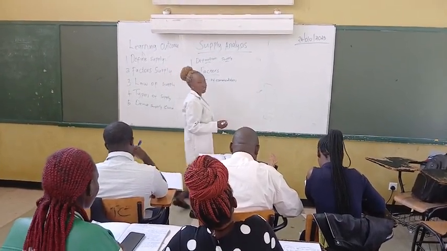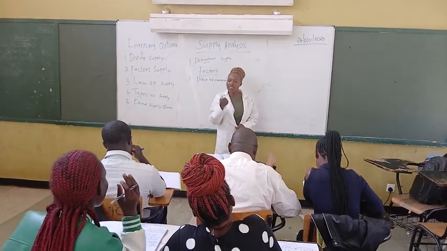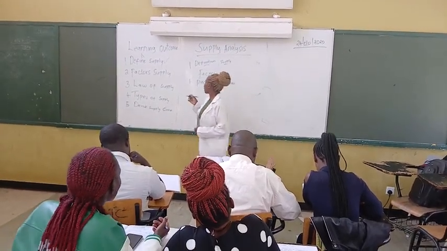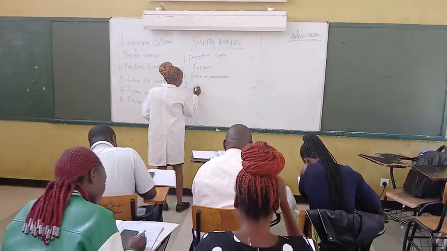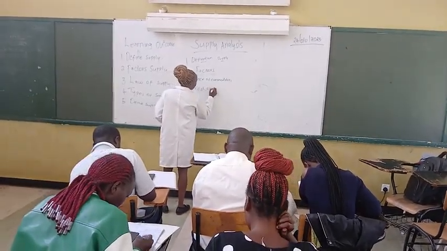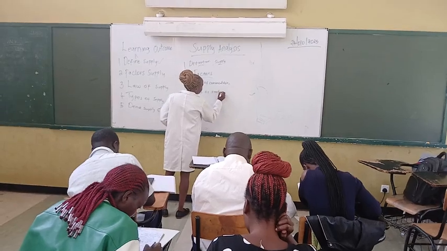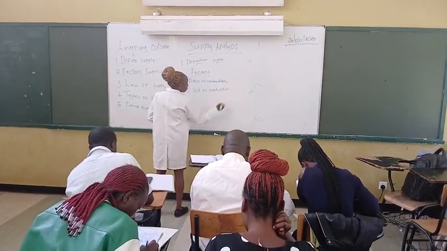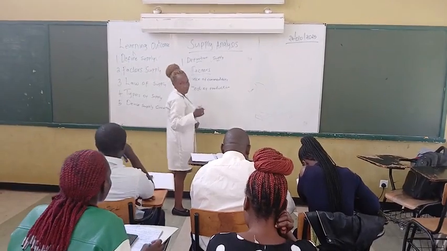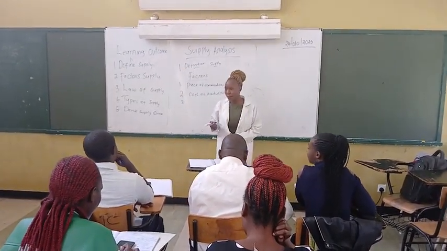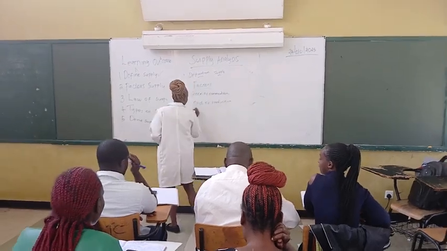The second one, Jensen. Cost of production. That one, who can give us? Government policies.